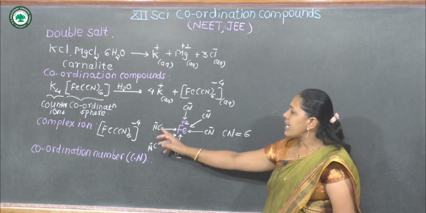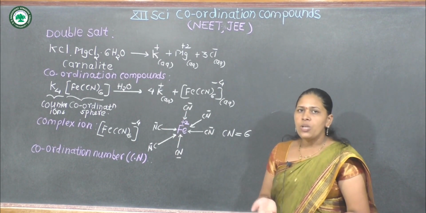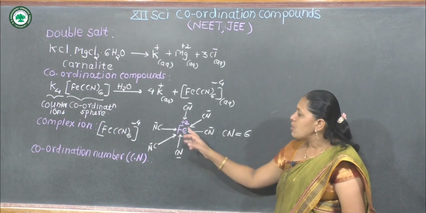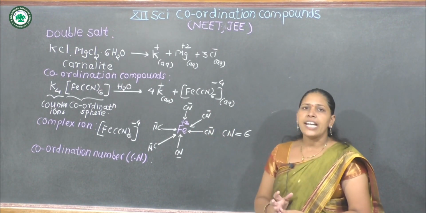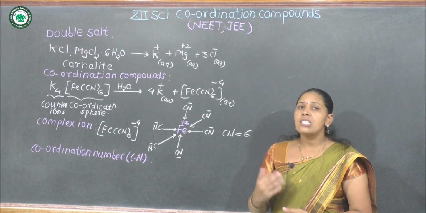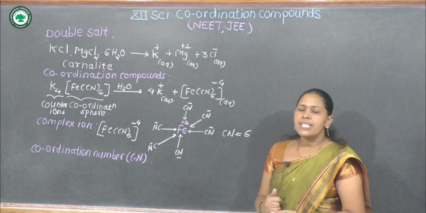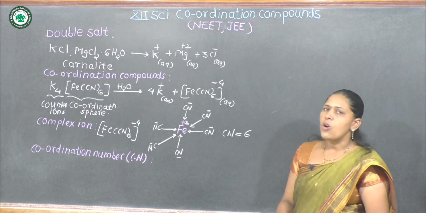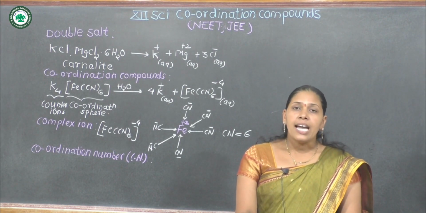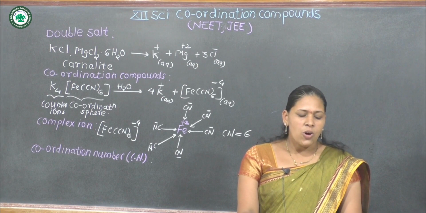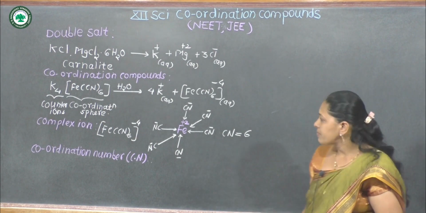These 6 cyanide ligands can donate electron pairs to the central metal ion. Therefore, these 6 cyanide ions donate 6 electron pairs to the central metal ion. Therefore, the number of electron pairs donated by ligands is called the coordination number.